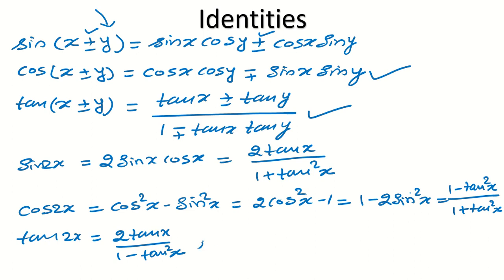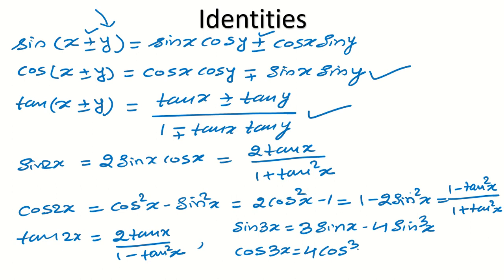Okay. Now, other than this, you can have a few more, like sine 3x is equal to 3 sine x minus 4 sine cube x, or you can have cos 3x is equal to 4 cos cube x minus 3 cos x. Okay, my purpose in writing all these identities, see, I am also trying to learn with the help of some hint or the other, and that's what I suggest to my students also, so that they can memorize it quickly.